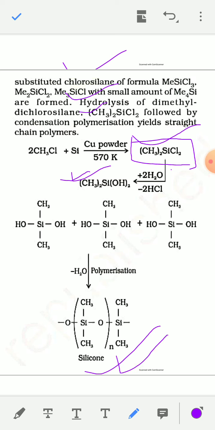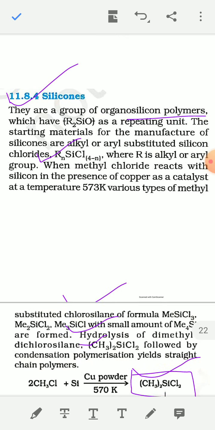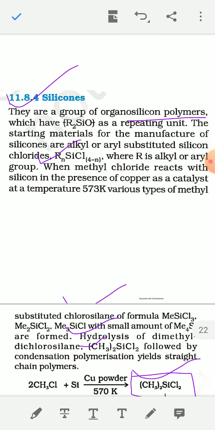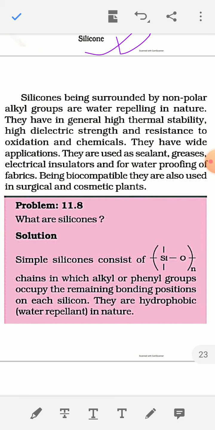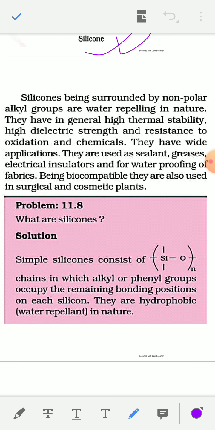The general formula of silicone is R2SiO. This repeating unit is present in silicone. Remember the uses of silicone. Silicones are surrounded by non-polar alkyl groups which are water repelling in nature. They have high thermal stability, high dielectric strength, and resistance to oxidation and chemicals. They have wide application.